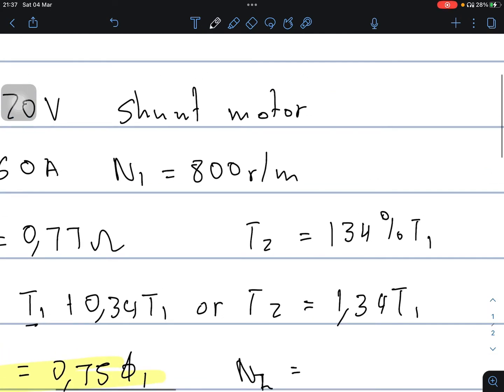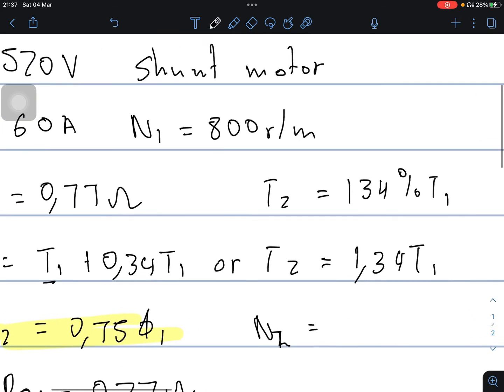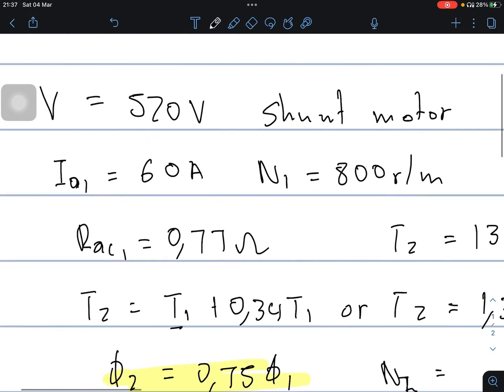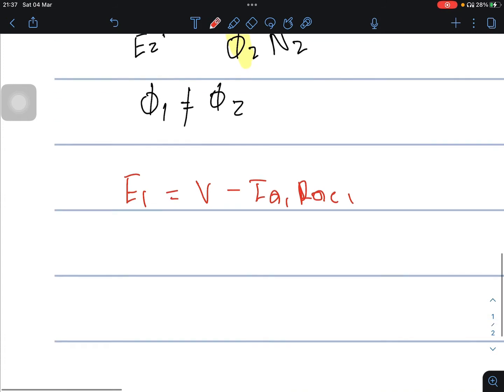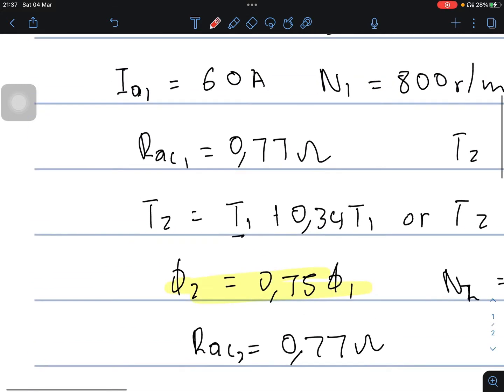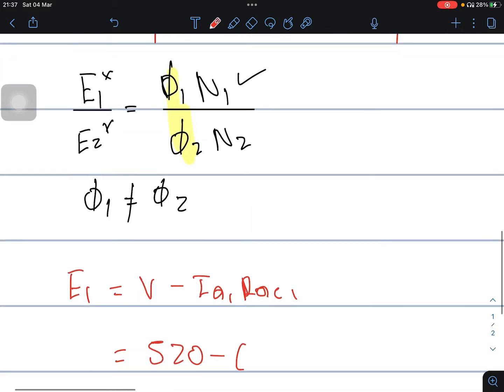Let me first calculate E1, which is the first condition. E1 is equal to V minus IA1 RA1. That is 520 minus what is the armature current in the first condition, that is 60 amps.